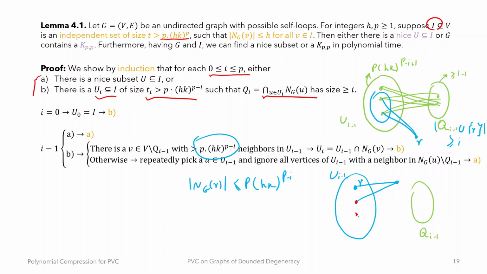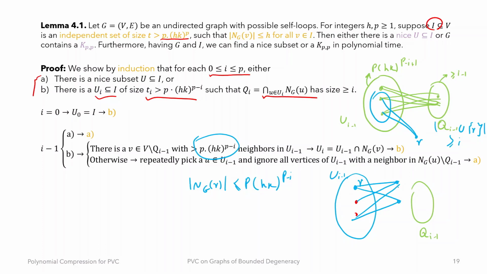So we remove all vertices with common neighbors outside Q_{i-1}. And we pick another vertex from U_{i-1}, and we keep doing it until there is no vertex to pick. I'm going to say that we pick at least k plus 1 vertices, and basically we found a nice subset, because for the vertices that we picked, the pairwise intersection of their neighbors is Q_{i-1}, since we removed all vertices that we don't like.